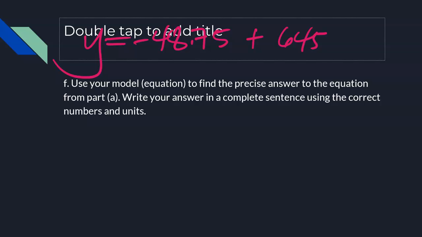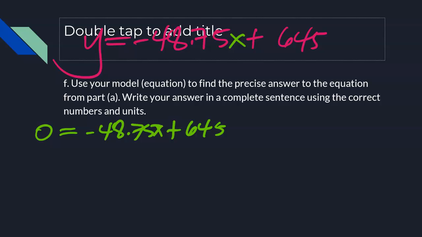So to answer A, when the concentration will drop to 0, we want to solve when y is 0. So what we do here, we subtract 645 from both sides.